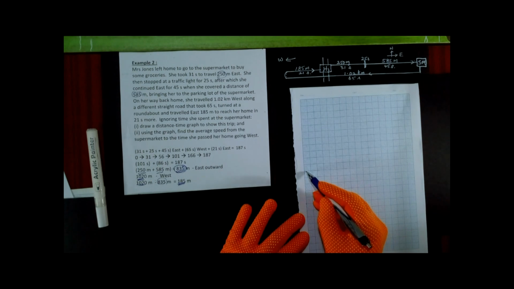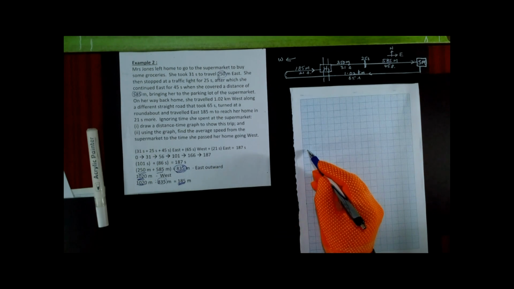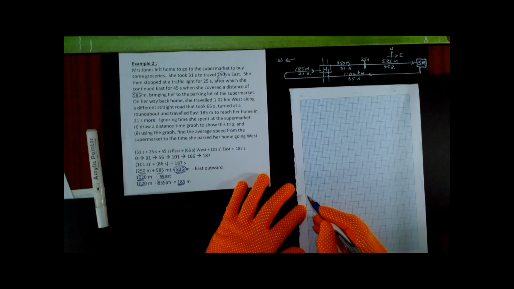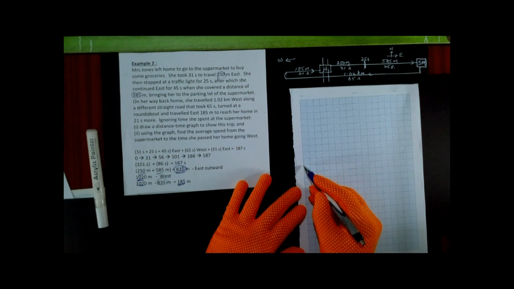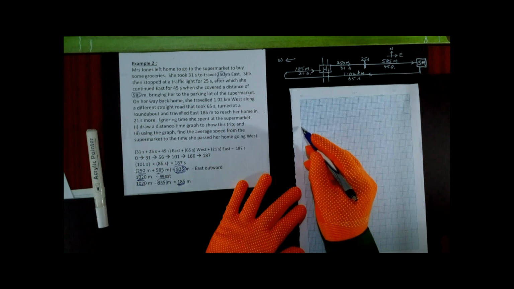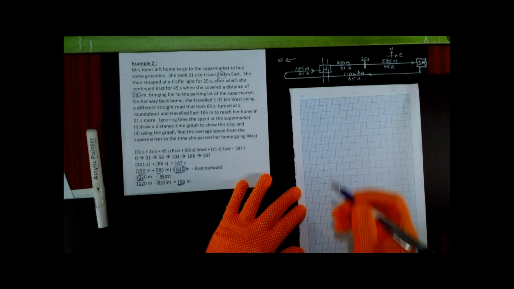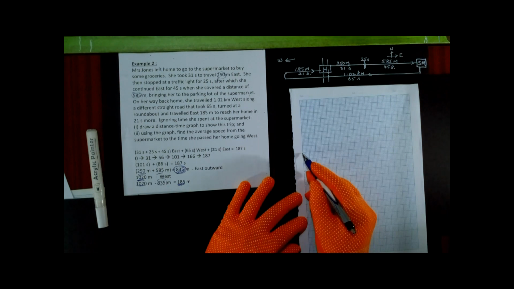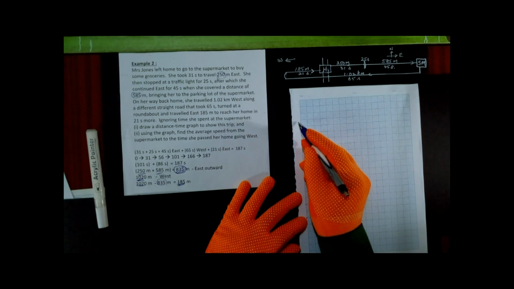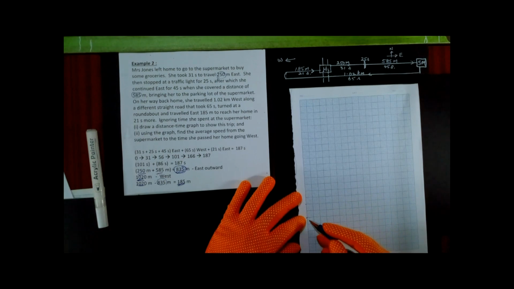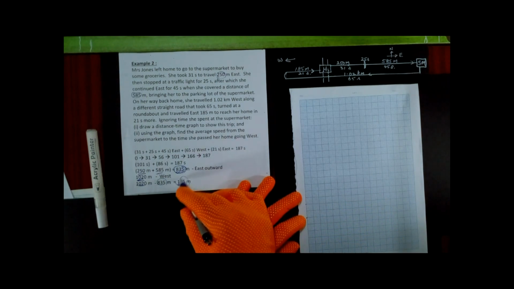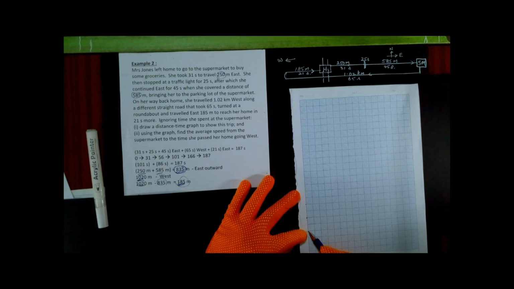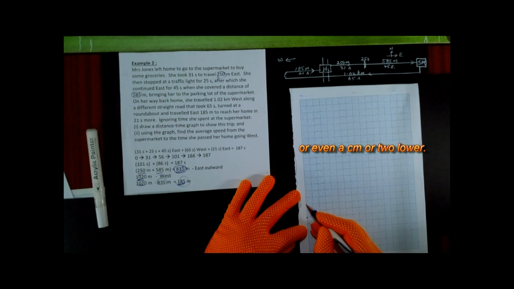Let's go in 50s: 50, 100, 200, 300, 400, 500, 600, 700, 800. Let's come down here: 100, 200. And this way, we want 185, so we need about 200. Okay, we can start here rather than there.